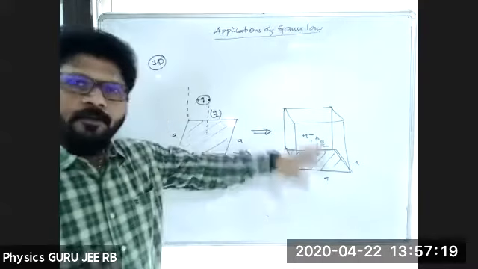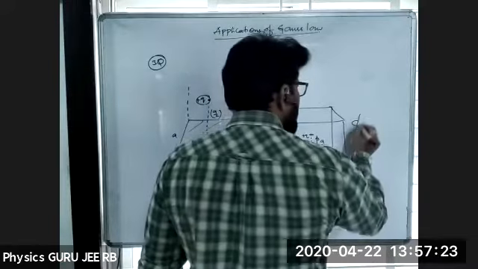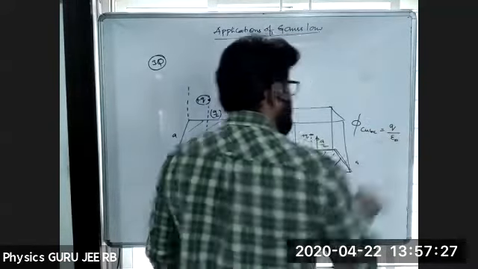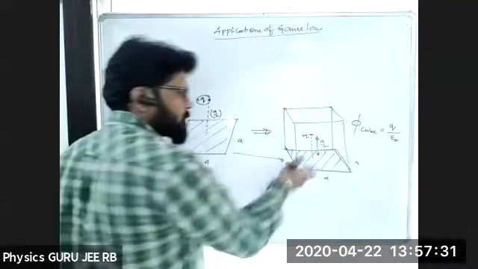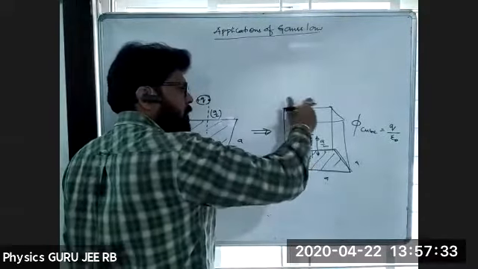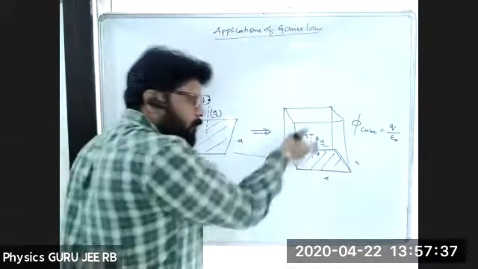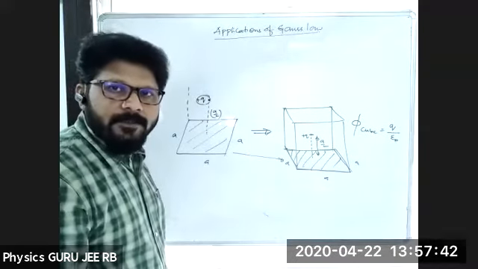When it is a cube, the flux through the cube equals Q by epsilon naught. So a cube has how many faces? 6 faces: 1, 2, 3, 4, 5, and 6. So we want the flux through one surface, divided by 6. That's all.